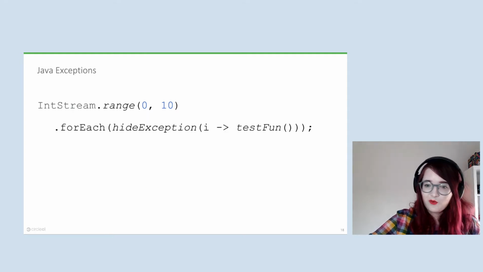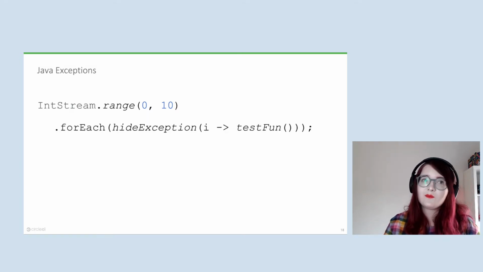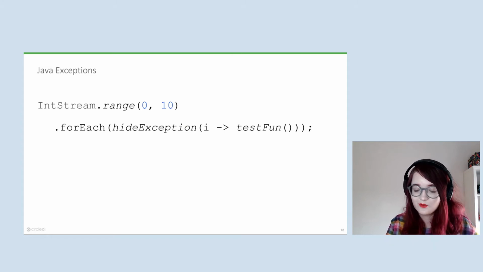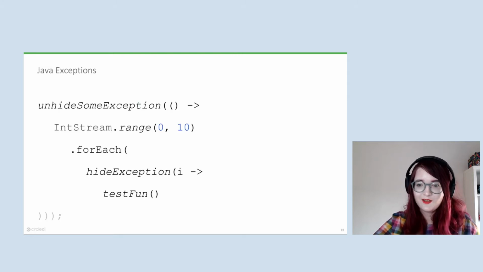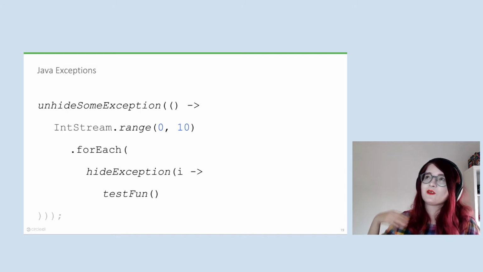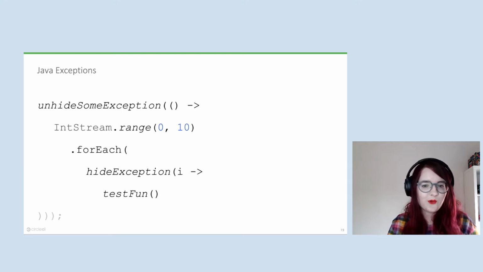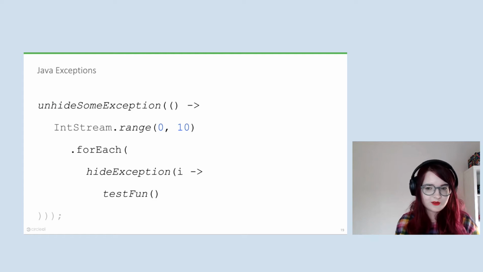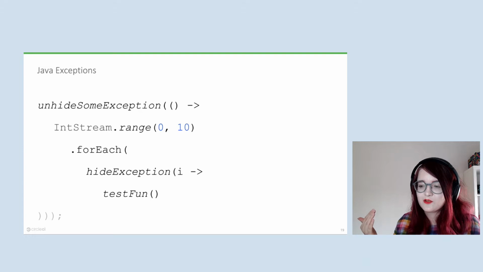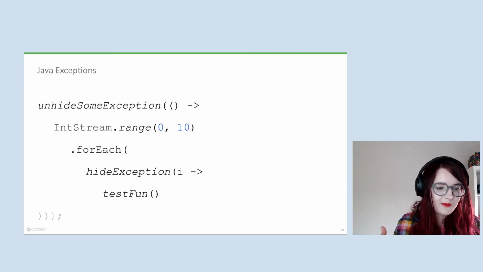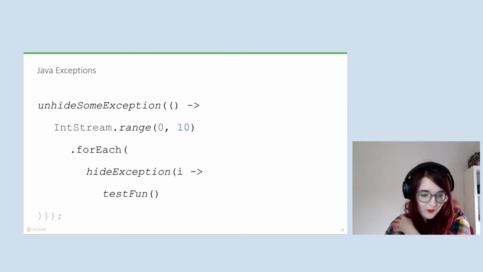Or a typical approach for that is to wrap your function that throws a checked exception into a function that doesn't throw a checked exception, and then wrap it again, or rather unwrap to derive what was wrong, or what may have gone wrong, because we don't only want to have a happy path, but also know that something may go wrong and handle it somehow.